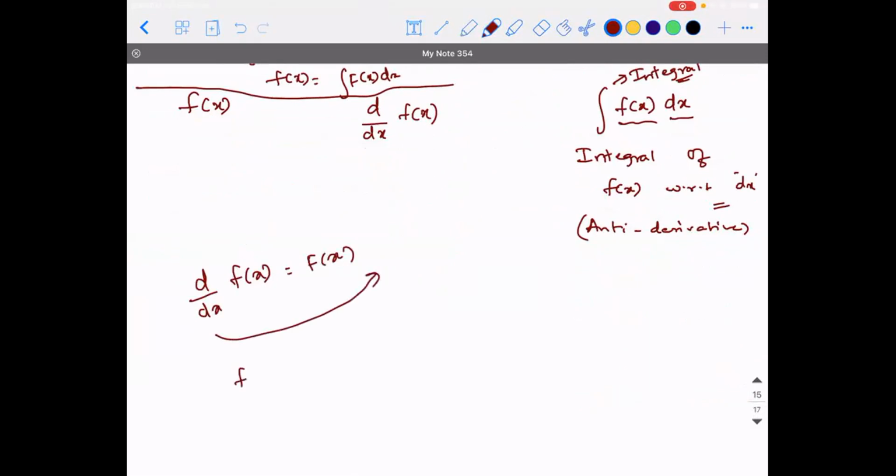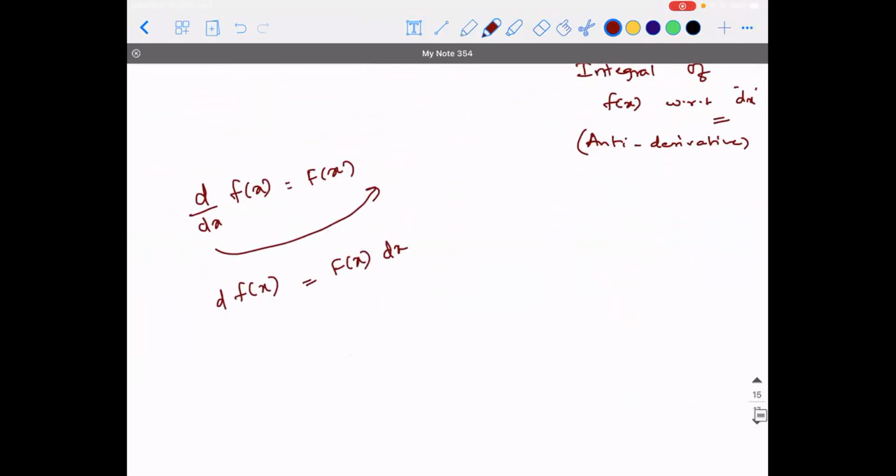Take this dx to the other side, so derivative of small f of x is equal to capital F of x into dx. Now, if I integrate on both sides, integral and derivative are counter operations, so you will get f of x equal to the integral of capital F of x dx. What I'm trying to say is, if you differentiate a function and you get an output, then if you integrate the output, you will get back the function. They are reverse operations of each other.